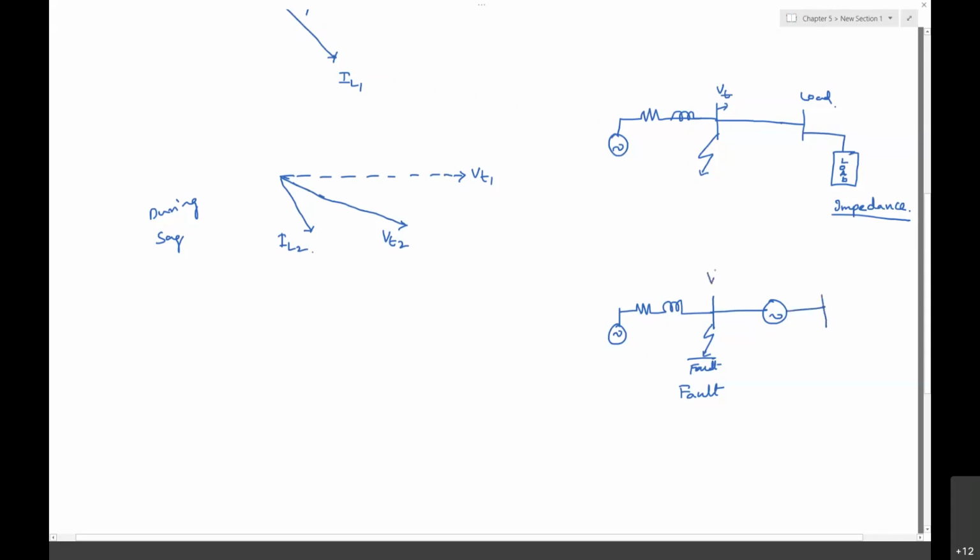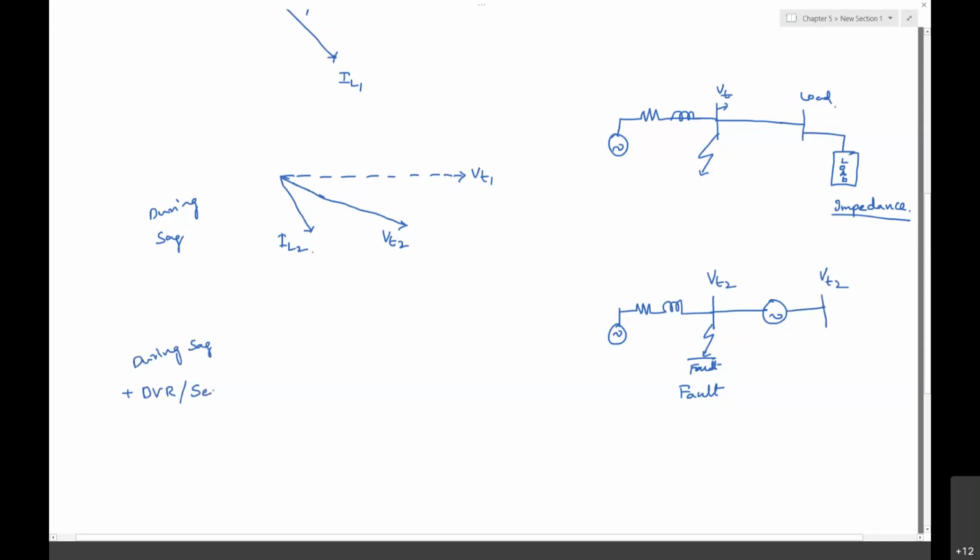This is about VT and this is about VL, with respect to during sag, plus you have a dynamic voltage restorer or a series active power filter.